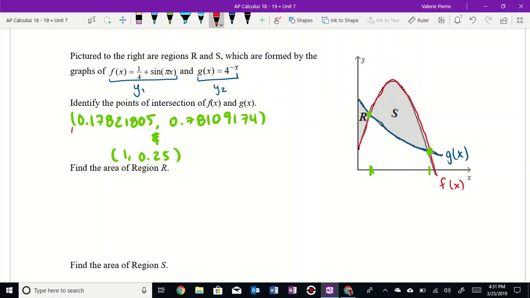What I'm going to do is I'm going to let this be A. So our first point of intersection occurs when x equals A. Our second point of intersection occurs when x equals 1.